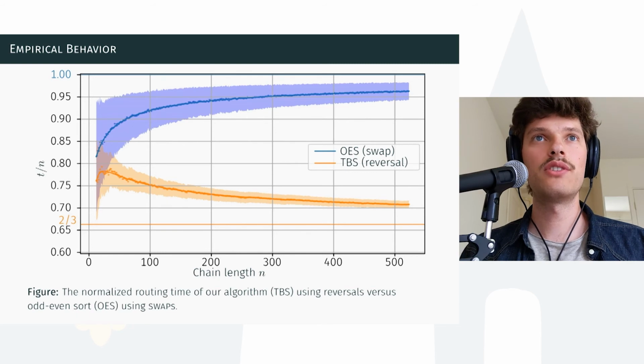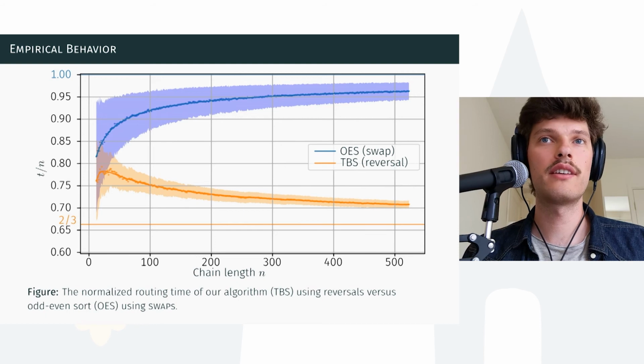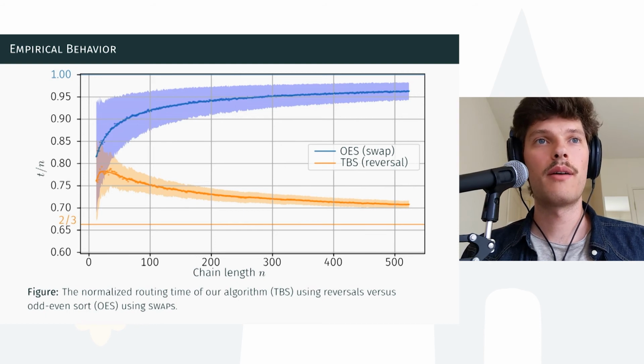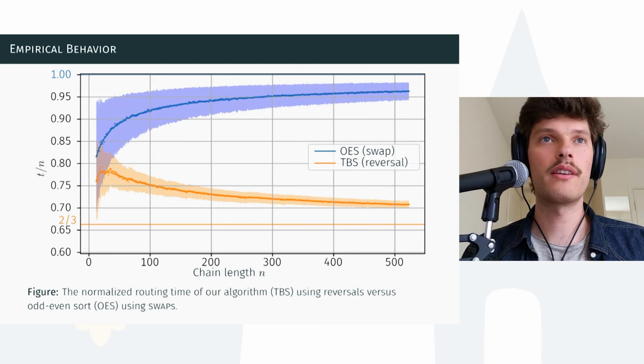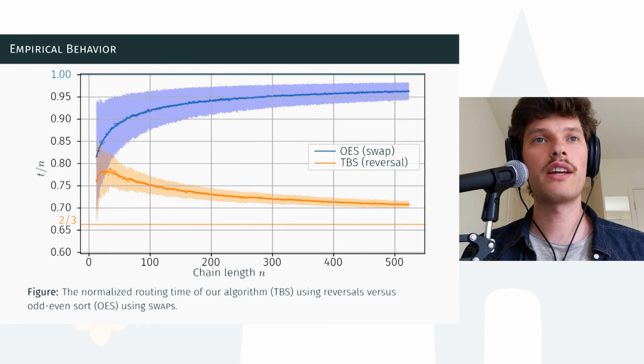And we see on the top here that OES, so swaps, approaches 1 for large n, whereas our algorithm approaches 2/3 for large n. And another thing you may notice is that for n of 50 or larger, the differences are already quite significant.